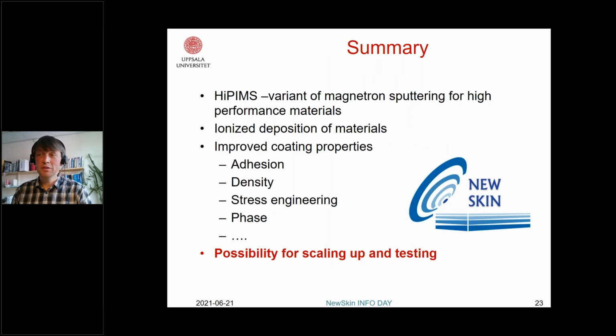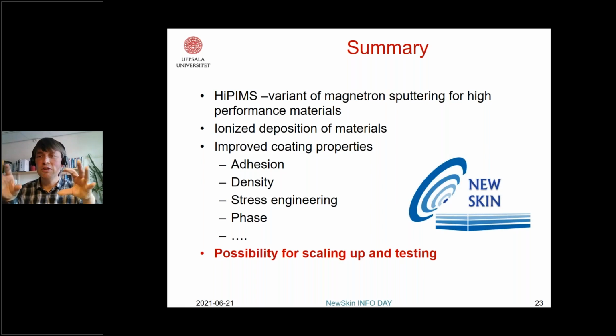So let me summarize this very brief presentation. I at least mentioned high power impulse magnetron sputtering as a possible next step in magnetron sputtering of materials. And I mention high performance materials because, of course, HiPIMS is somewhat more complicated than standard magnetron sputtering. So it makes sense to use it once the traditional deposition process is not providing sufficient performance.